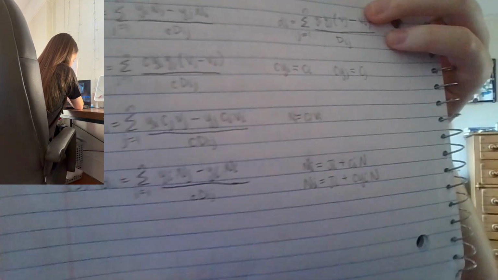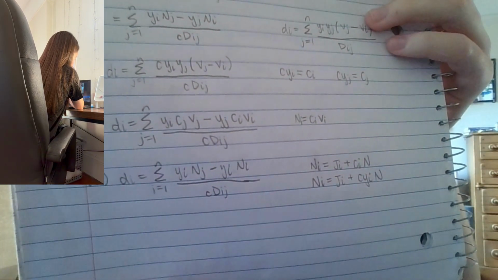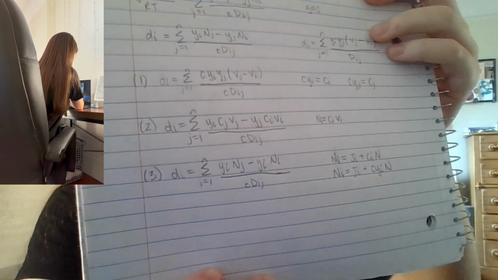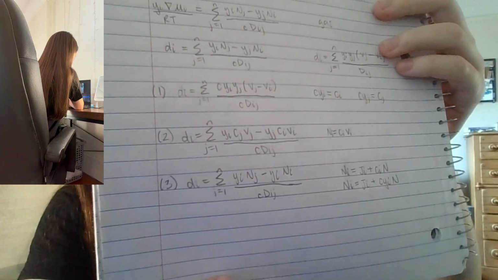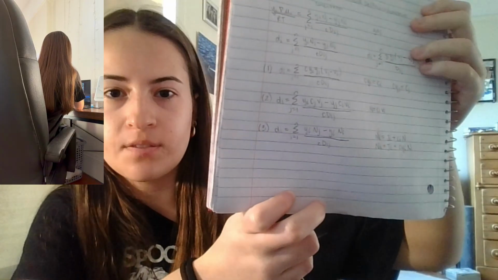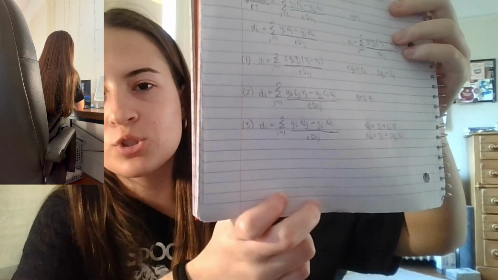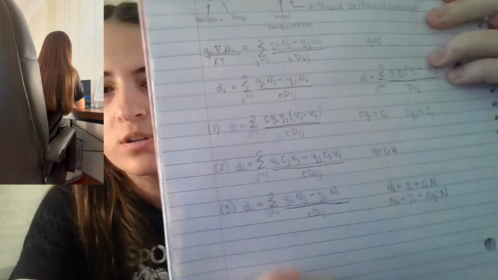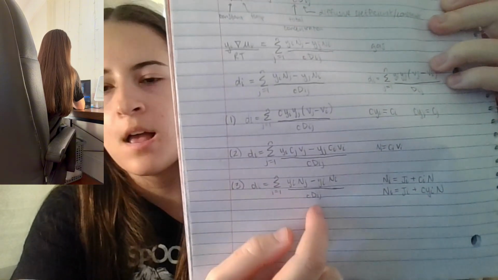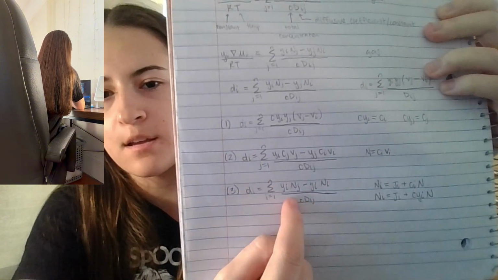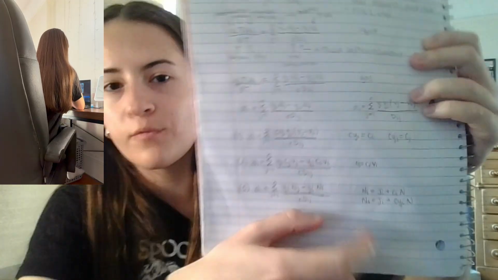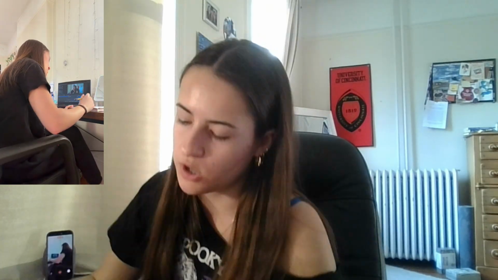We've just rewritten it with the concentration of I in that expanded term of the total concentration times the mole fraction. Now I'm going to reset the steps and start from our beginning equation, which is the one right here, and instead of the flux, we're going to substitute in this equation for flux. So we'll start by doing that.